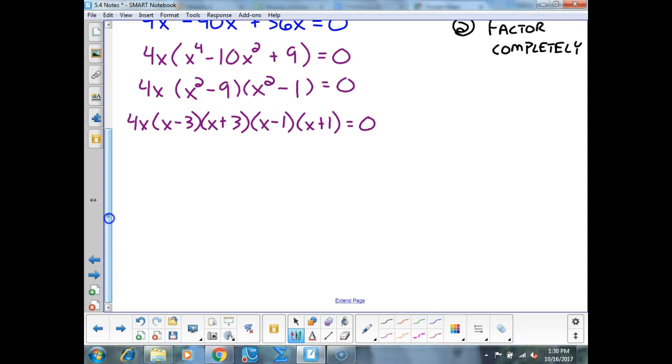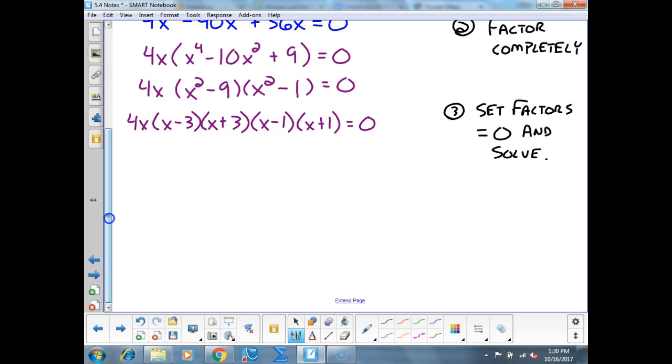Yes, am I factored completely? Now I am factored completely. Okay? So now, step 3 says, set my factors equal to 0 and solve them.